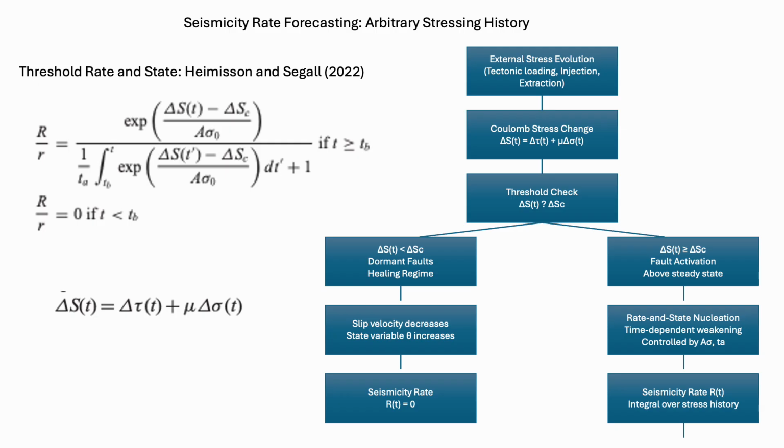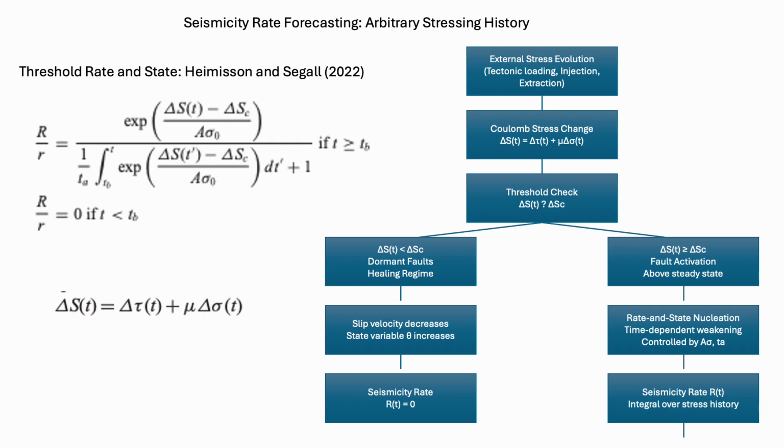If it has crossed the threshold, then the fault has activated and is above steady state. Then nucleation happens following rate and state. Time-dependent nucleation, which is controlled by the A sigma parameter and the t_a, and then you get the seismicity rate. However, if it is below the stress threshold, then the seismicity rate is 0. You produce no seismicity. That's one of the assumptions of this work.